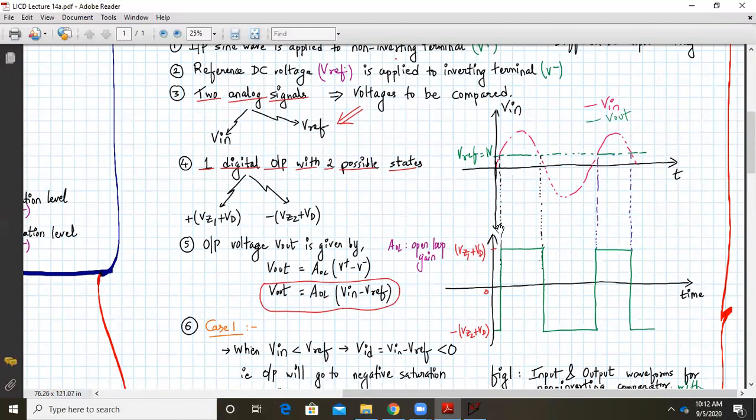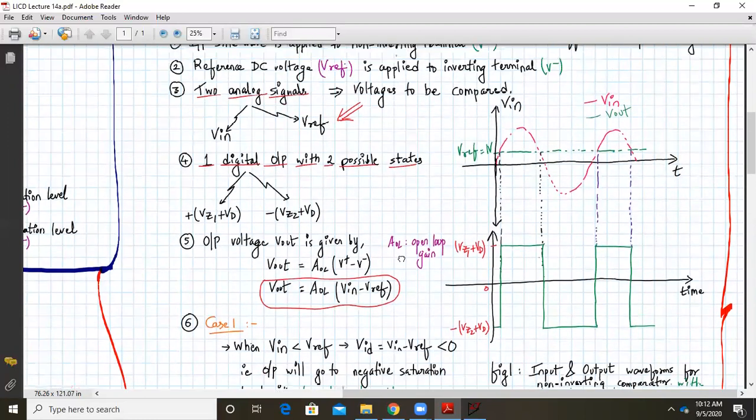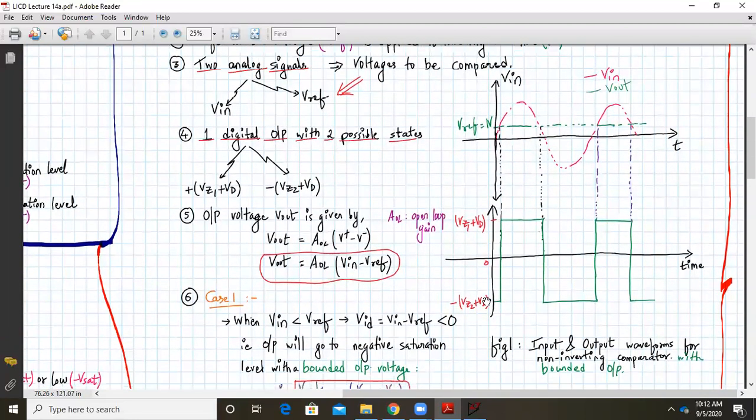Now, let us understand the working. Whenever V in is less than V reference, VID will become less than 0. That means this term will be negative, so my output should go to negative saturation, but it goes to negative saturation with a bounded output. It will go to minus of VZ2 plus VD.